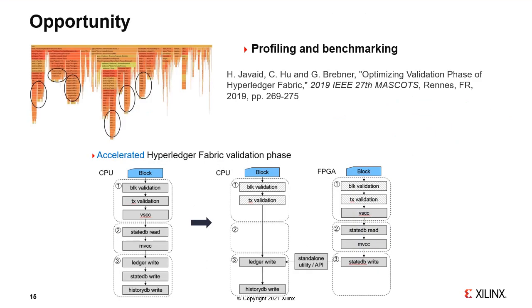In one of our previous papers, we did profiling work on the validation phase of Hyperledger Fabric, and we found a performance improvement opportunity with a software-hardware co-designed solution, which offloads the validation onto the FPGA. You can see the idea from the diagram on the bottom. There are three main steps.